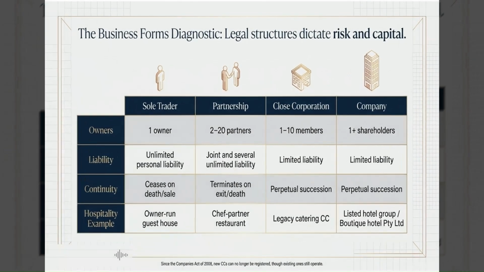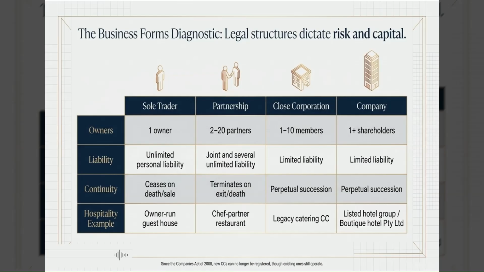One important qualification on close corporations, and it is the kind of detail that separates a distinction from a pass. The Close Corporations Act of 1984 created the close corporation as a form unique to South Africa. It was designed for smaller businesses that wanted limited liability without the administrative burden of a company.